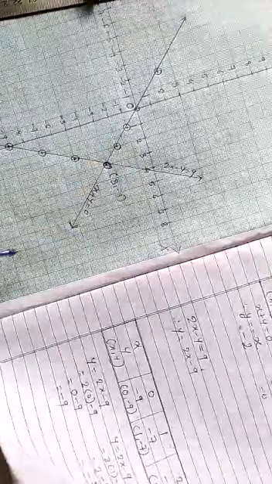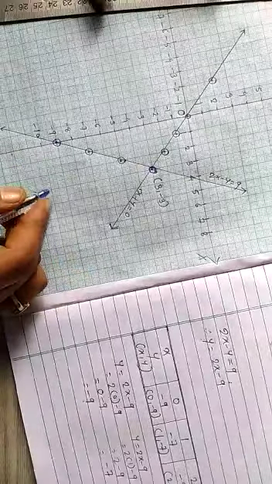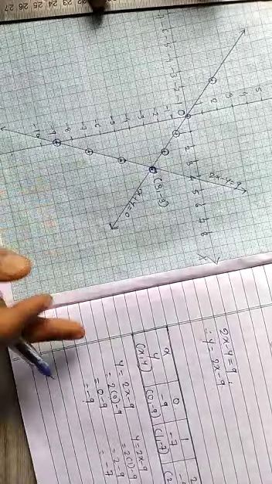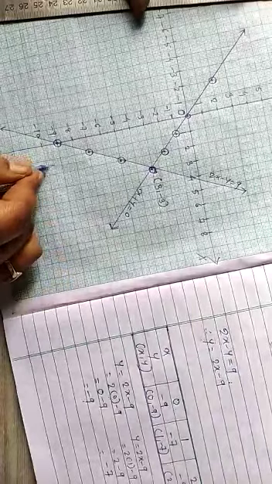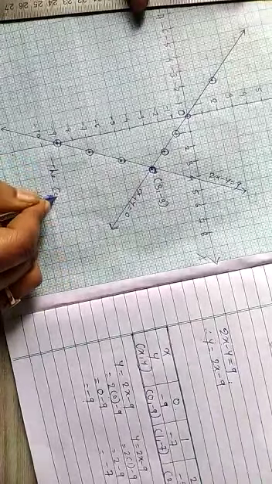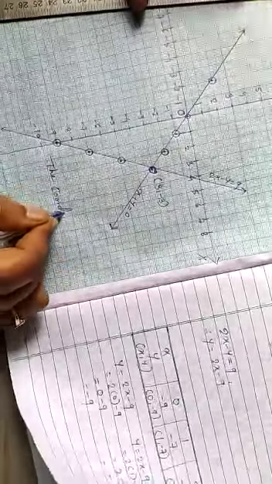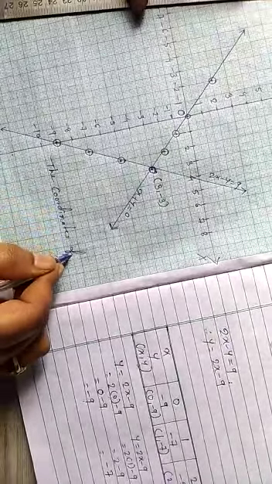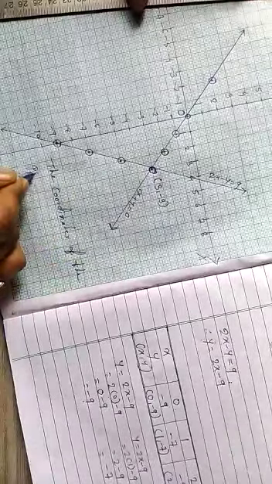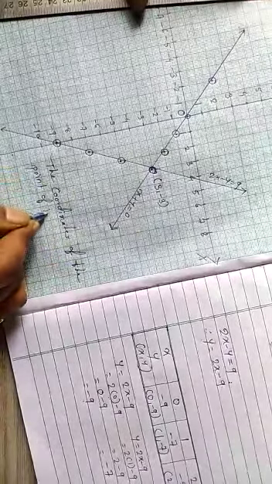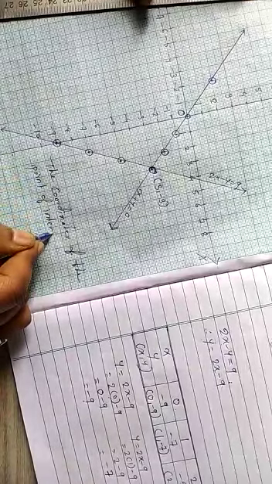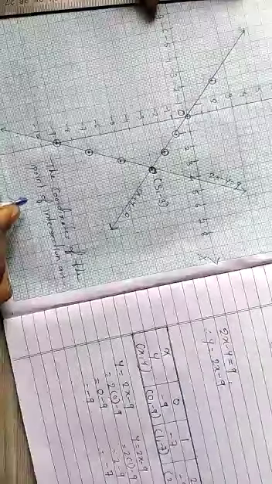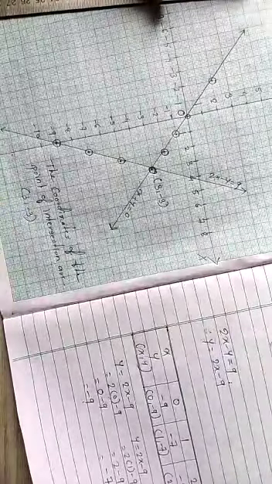Okay. So finally you have to write down the answer, that the coordinates of the point of intersection are 3 and minus 3.